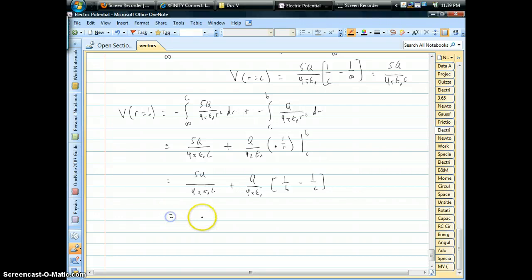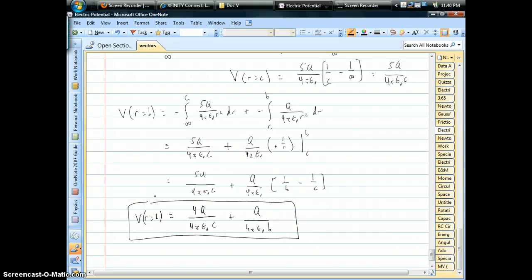So this will actually turn out to be a 4q over 4 pi epsilon c. And then we get another term, q over 4 pi epsilon b. So this would be the voltage on that middle shell in a simplified form.